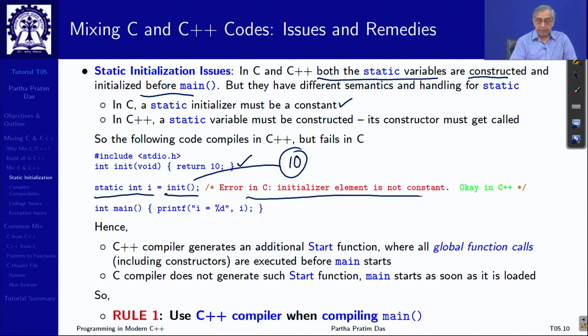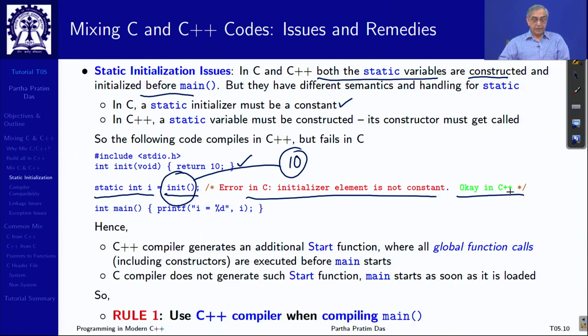So, C compiler will not compile this kind of code. So, if I want to compile main as C, then we will not be able to write this, which often may be required. I have written this as a placeholder, but if you instantiate any object as a static, then the constructor will need to get called, which is equivalent to the init that I am putting here, just to show you.